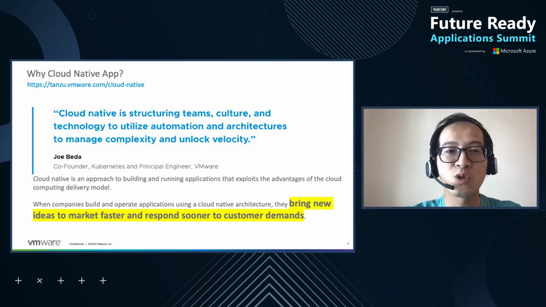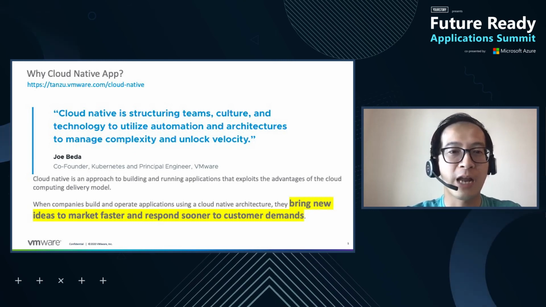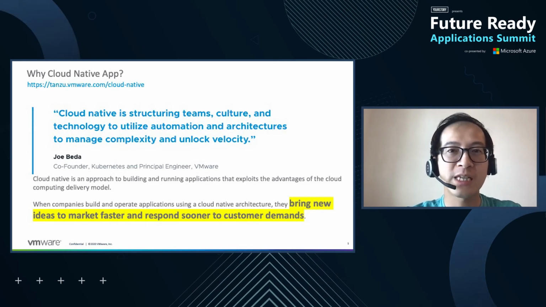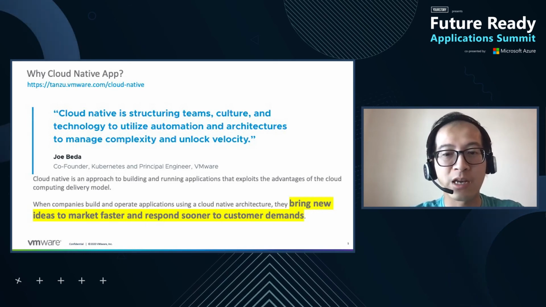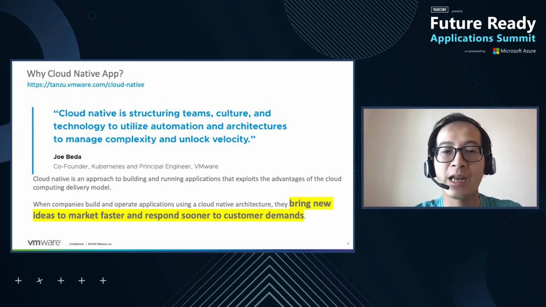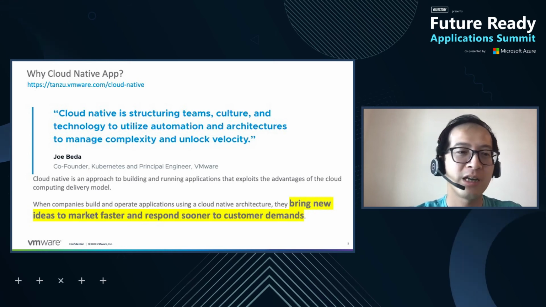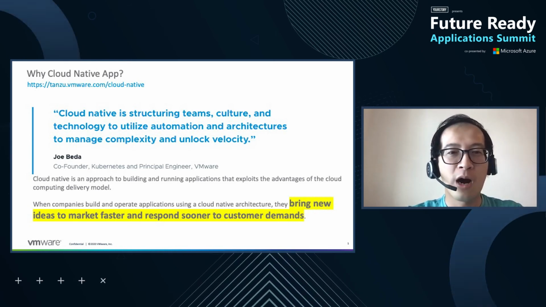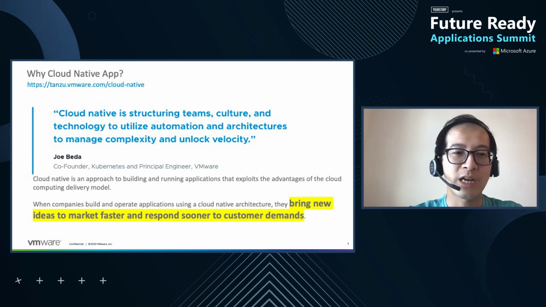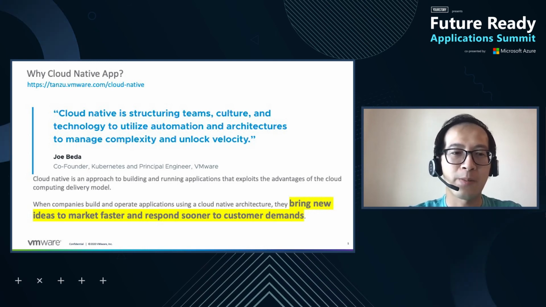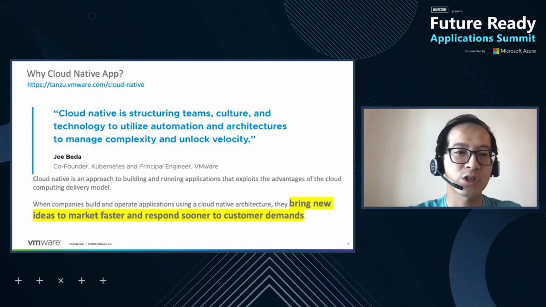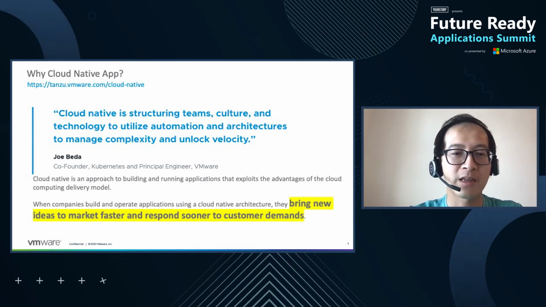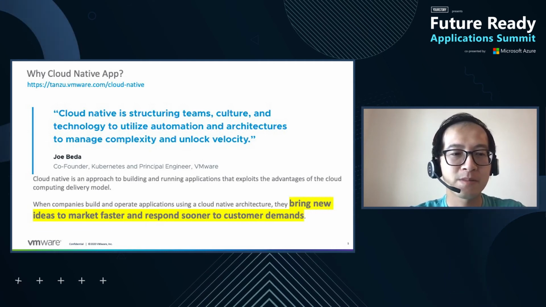Cloud native could help you transform your applications and deliver business value quicker and sooner to the market and to production. So the why is to accelerate your business functions and features and help you gather more customer demand.